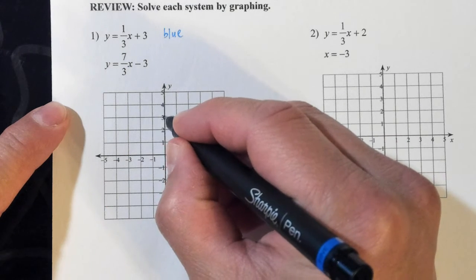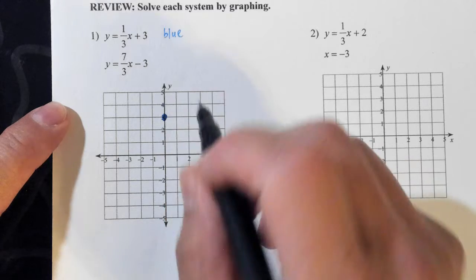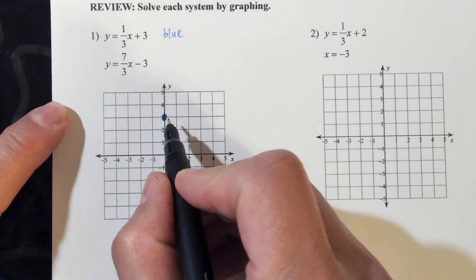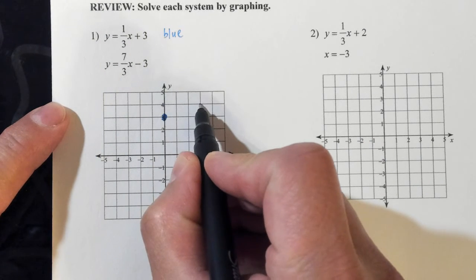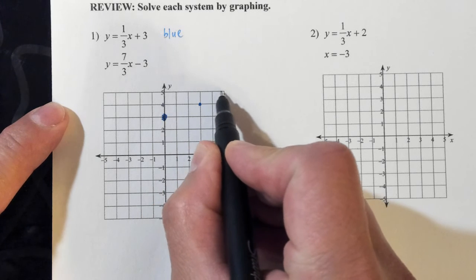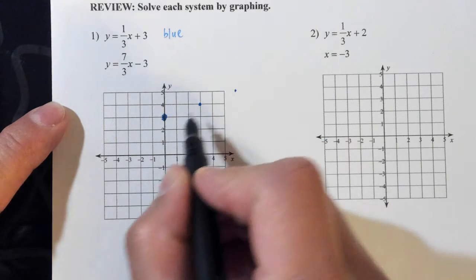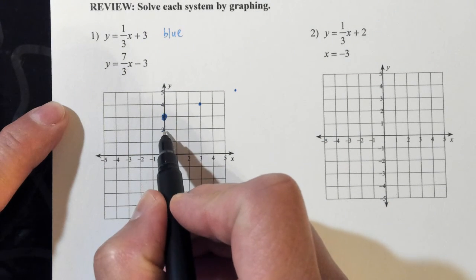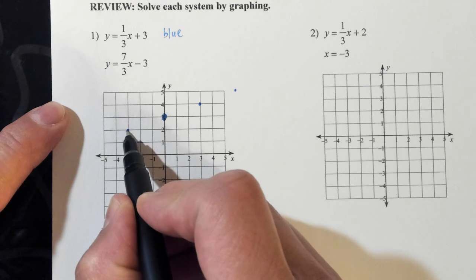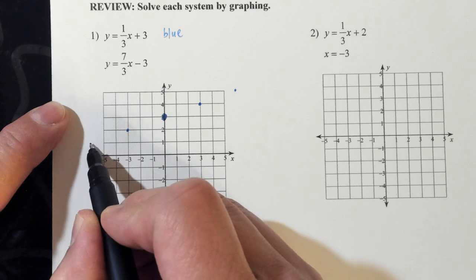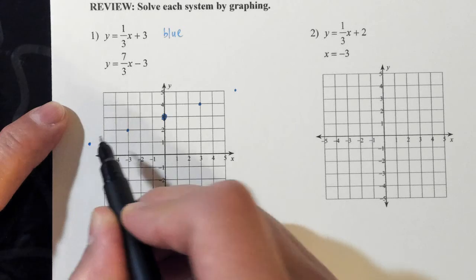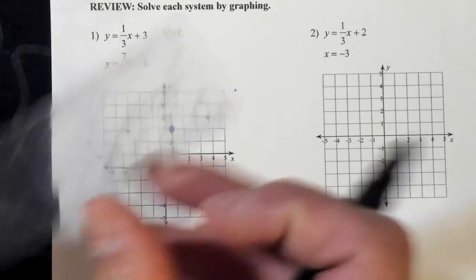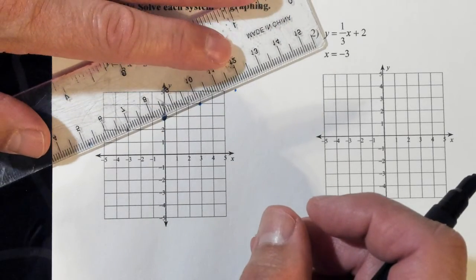That's the first point on your paper. And then the slope is 1/3, so you go up 1, right 3. Up 1, right 3. Or you can do the opposite of that, down 1, left 3. Down 1, left 3. The more points you have, the better, generally speaking.